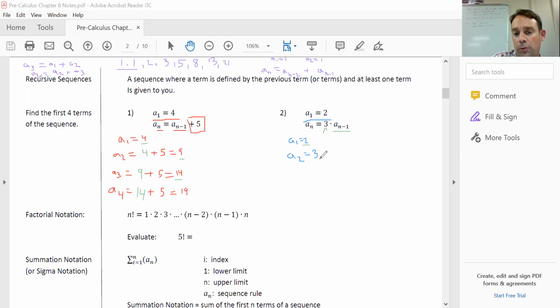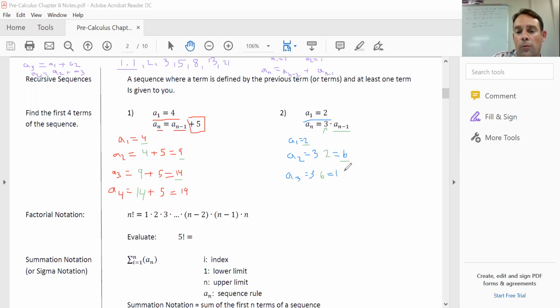So the term before it was 2. So 3 times 2, and that would give me 6. A sub 3, I'm going to take 3, and I'm going to multiply by the term before it, so times 6, and I get 18.